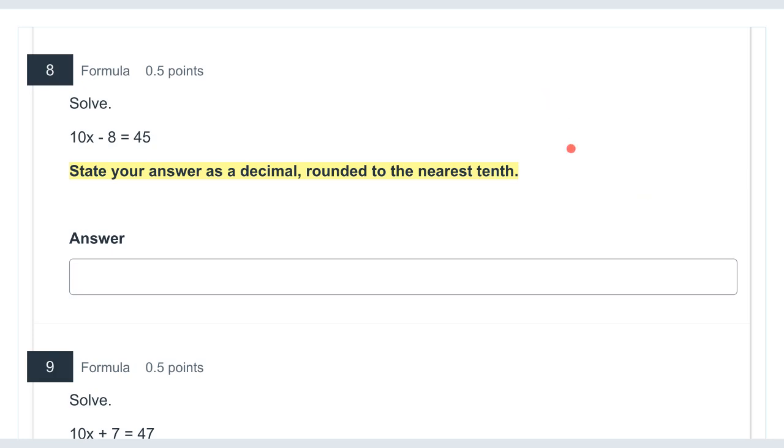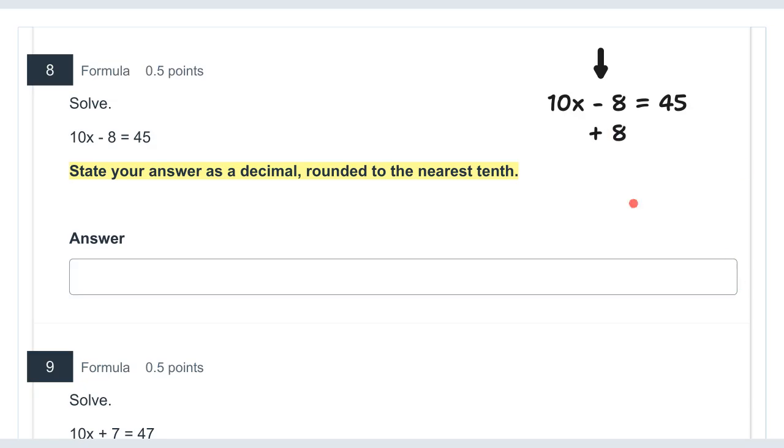So we start with 10x minus 8 is equal to 45. We want to get the x by itself. So the first thing we have to do is get rid of this minus 8 here. We do that by doing plus 8.